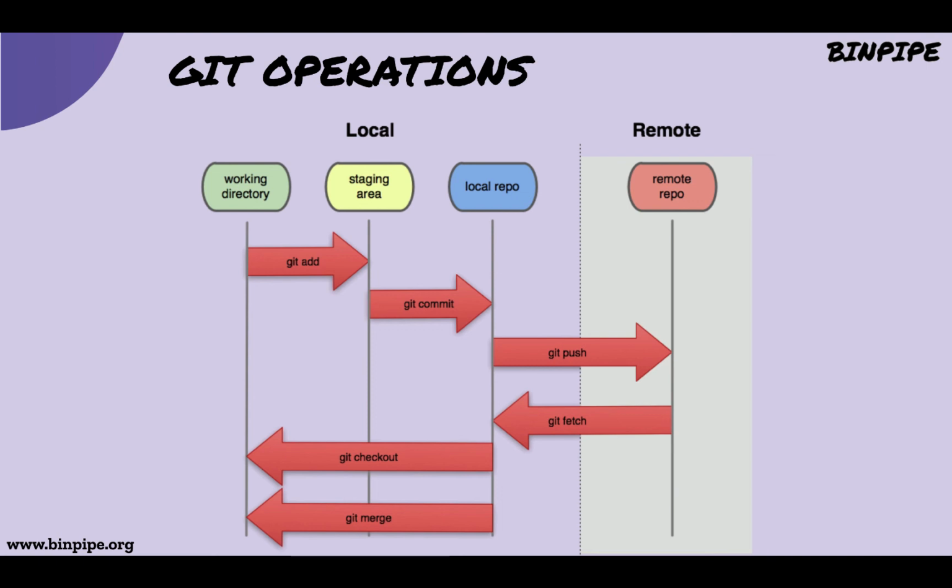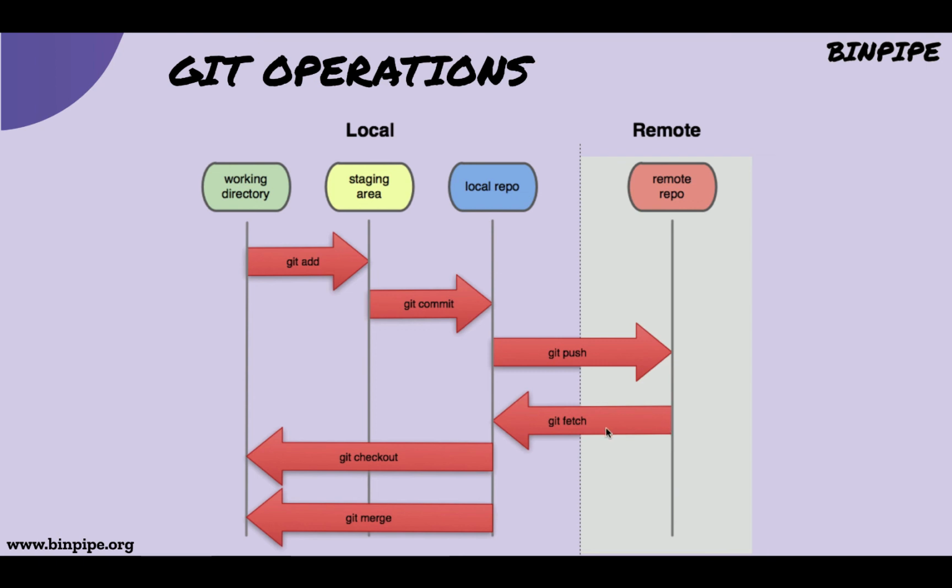And once you run that command, it goes to a staging area. This is a virtual area in a local repository, and from the staging area, when you issue the git commit along with your comments, then the code is ready in the local repo, ready to be pushed into the remote repo. Then if you want to send it to the remote repo, you do a git push command and it goes to the remote repo.